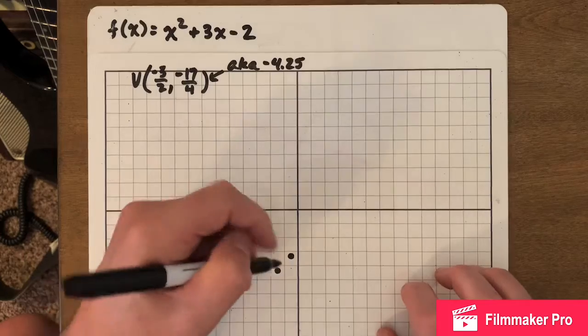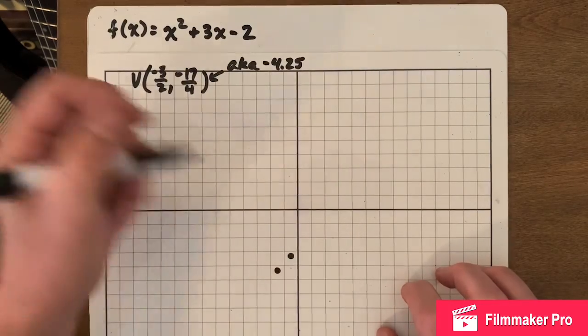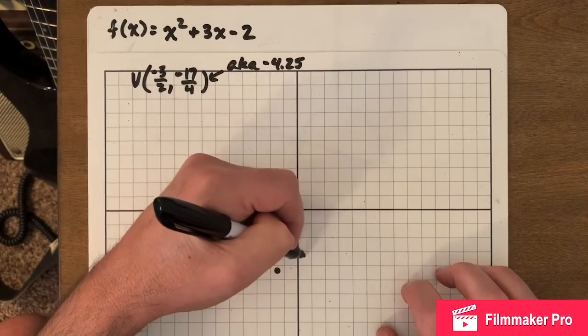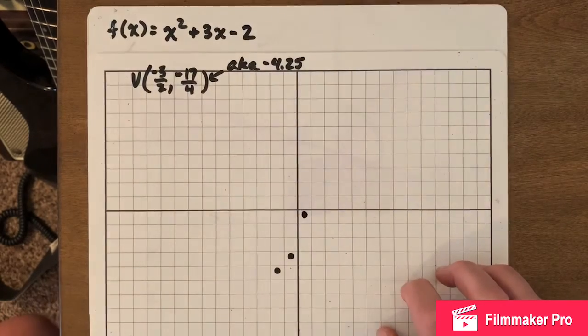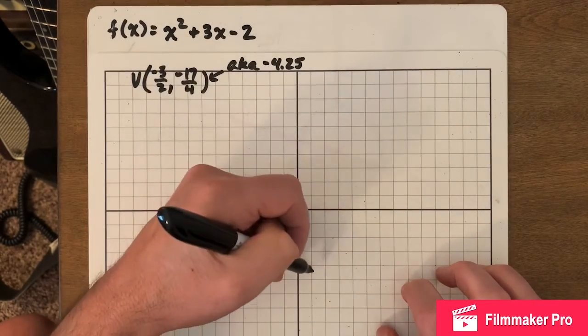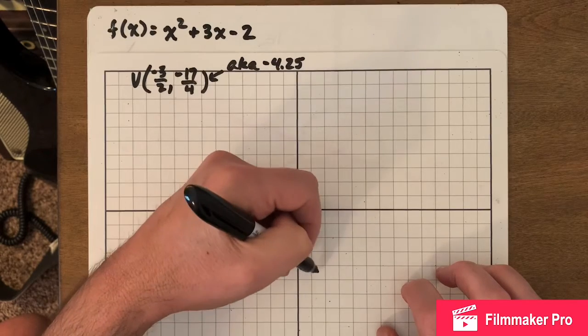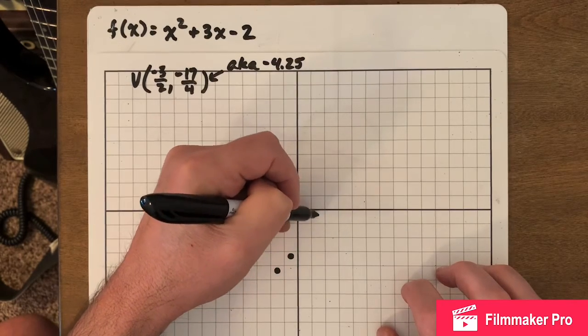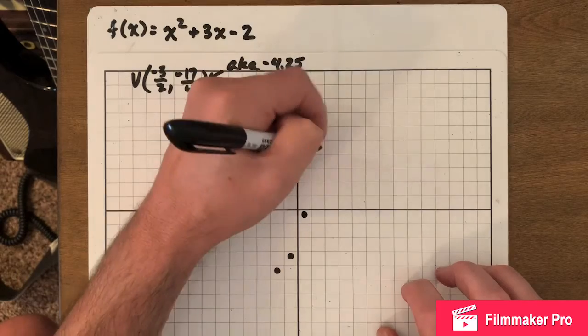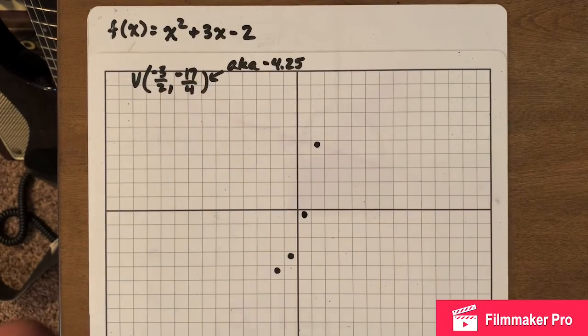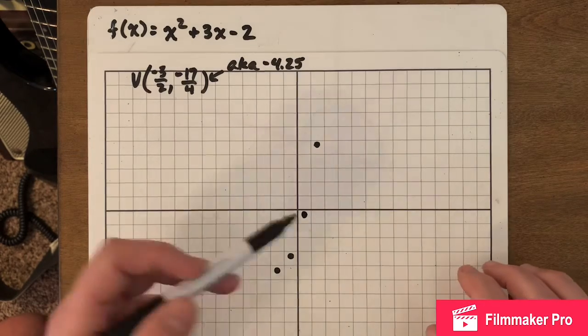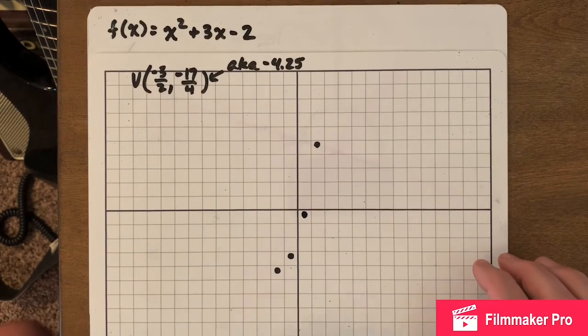So let's see if this works. Over 2, up 4: 1, 2, 3, 4 right there. Looks good. Over 3, up 9: 1, 2, 3, 4, 5, 6, 7, 8, 9 right there. If you're close, it's usually pretty good. I can't fit another one because 16 is too much.